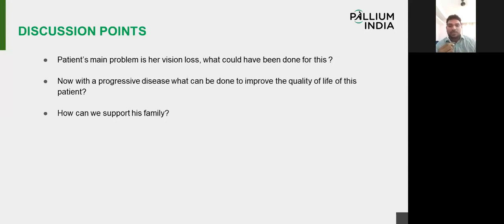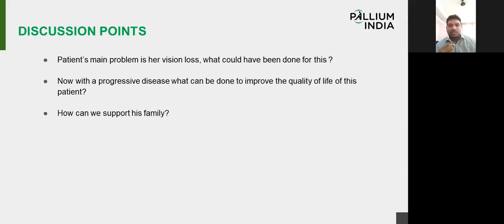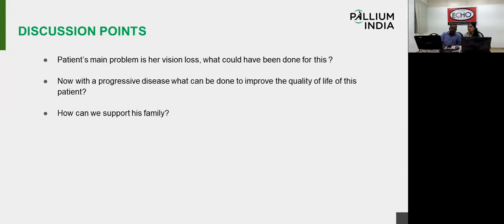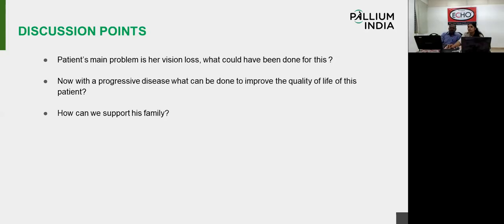Because she is already blind, she can produce a handicap certificate that she is blind, so she can get a pension from the government. Yes, that's a very good point, because there are certain pension schemes available for patients who have cancer and also, as you said, handicapped people can get a pension. So, Dr. Srinidhi, that is one area that you can explore.